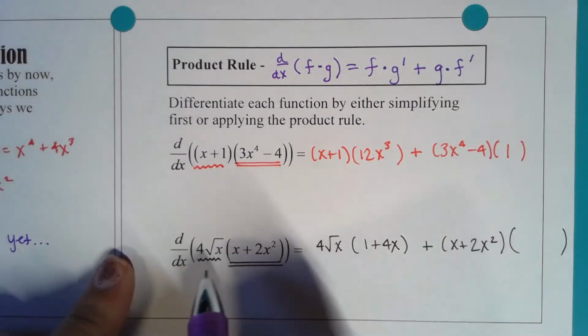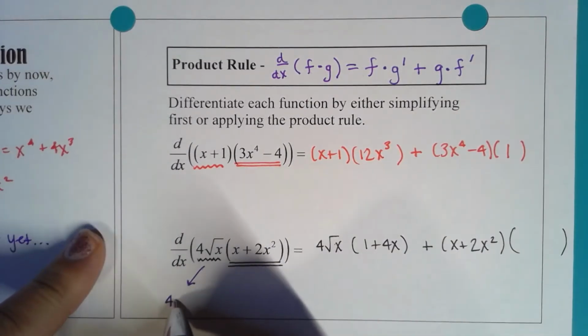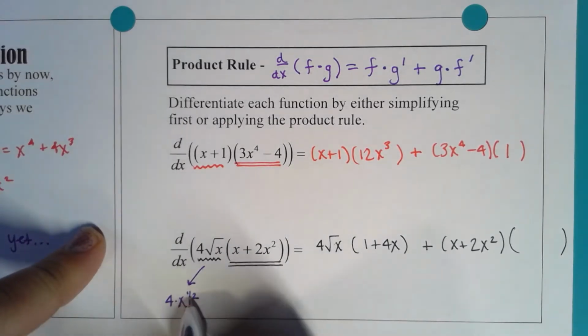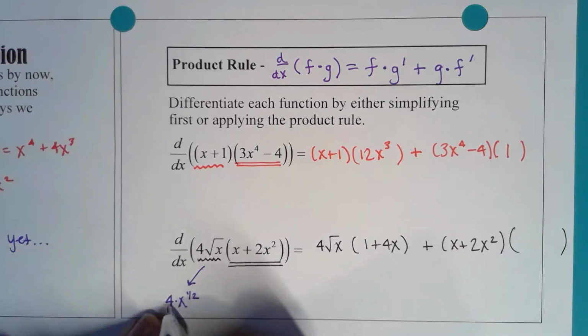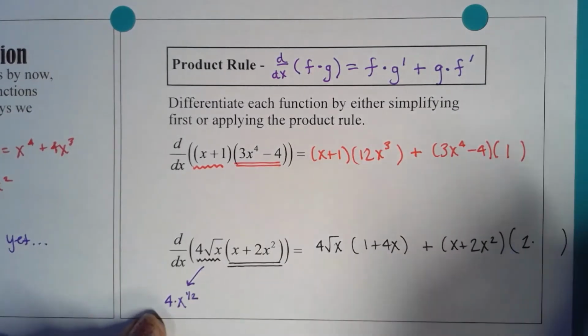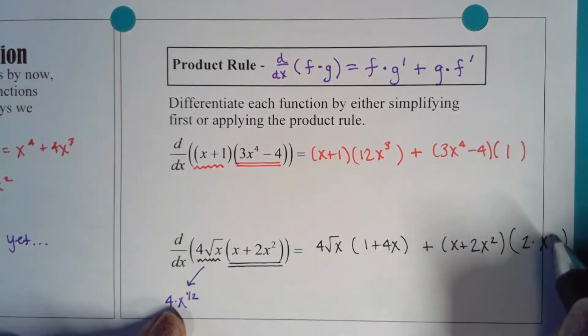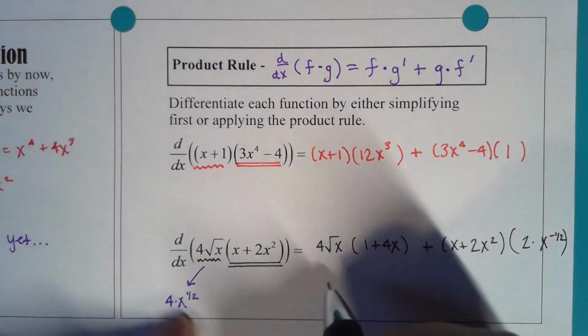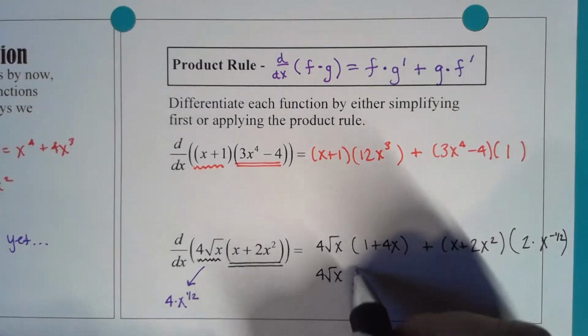Now with that radical, some of us will choose to come over here and just write this as 4 times x to the 1/2, so that we can use the power rule. 1/2 times 4 is 2, and then when we subtract 1 from the exponent, we get a negative 1/2. Beautiful. Now if you want to put that back into radicals, that's up to you.